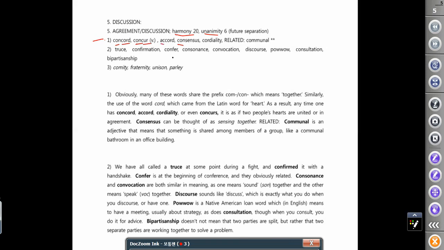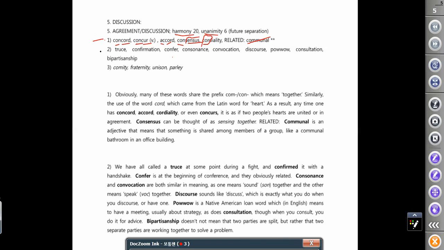Accord similarly means cord or heart together. Consensus means feeling together or sensing together. And cordiality is friendliness or politeness, heartedness, kindness. Communal means commune, and to commune means to work together or co-unity, like community.